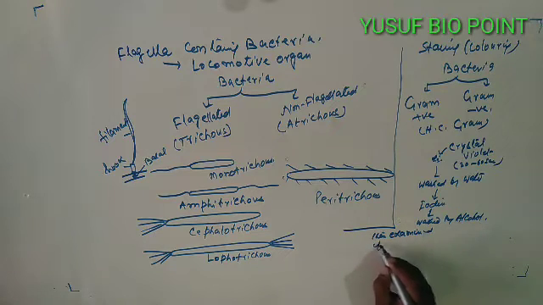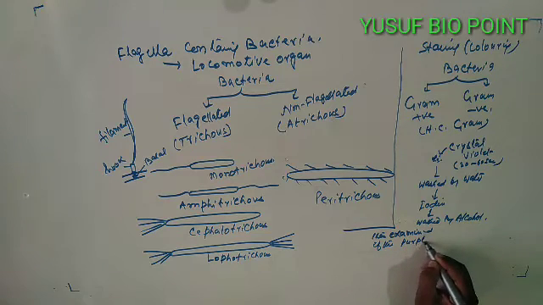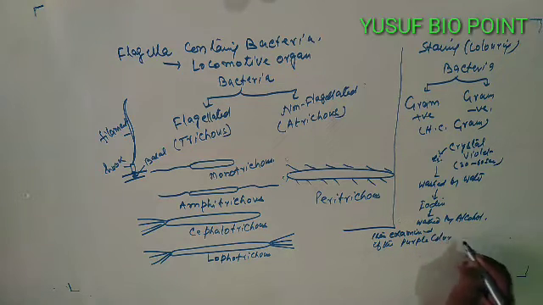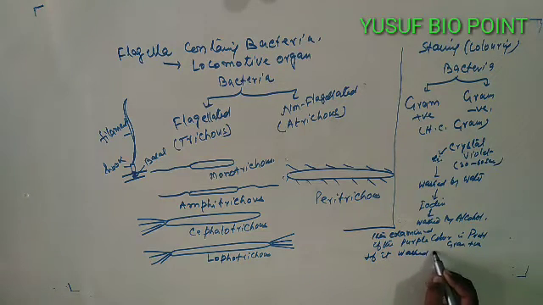If the purple color is present, then it is called gram positive, and if it is washed away, this is gram negative. So on the presence of this color, there may be gram positive and negative.